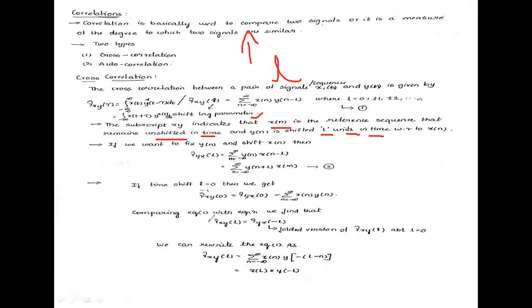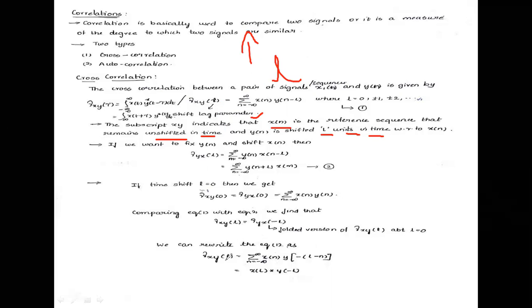Comparing equation 1 and equation 2, we find that r xy of L is equal to r yx of minus L, the folded version of r xy of L about L equal to 0. Okay, the folded version. Then only both are equal.